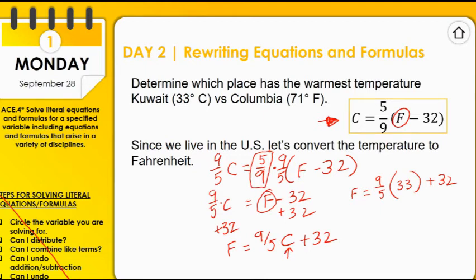So I divide 9 times 33 divided by 5, which gives me 59.4.